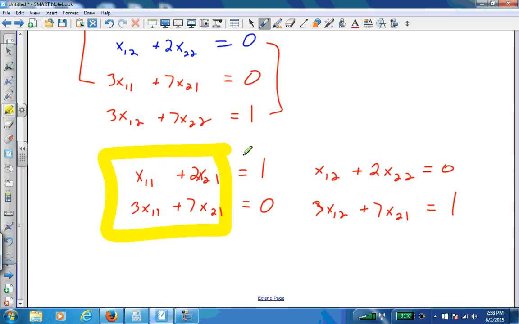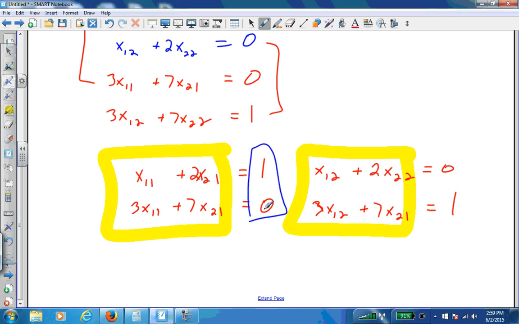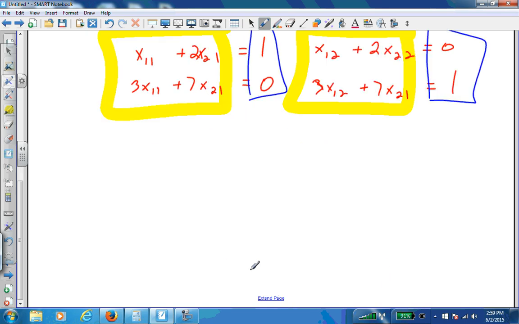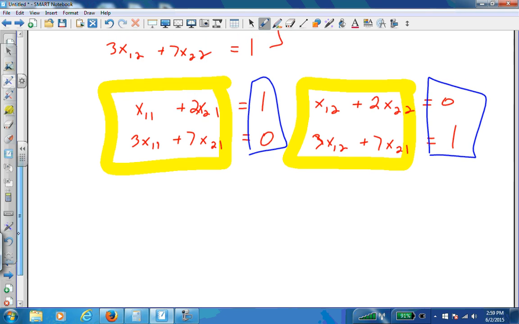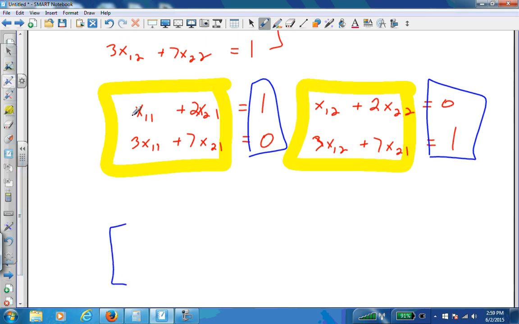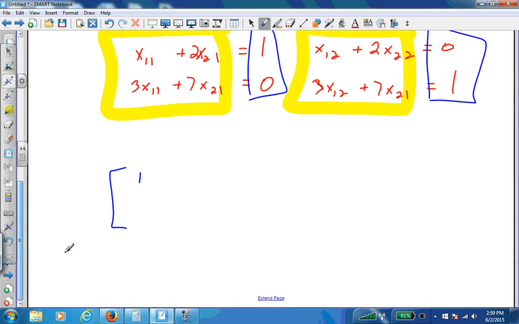So notice this and this, those are the same system of equations with just different resultant vectors. So instead of solving the systems of equations separately, let's just solve this as one system. Let's put our coefficients on the left, and then on the right, put our resultant. So for one answer, we have 1, 0. For the other one, 0, 1.